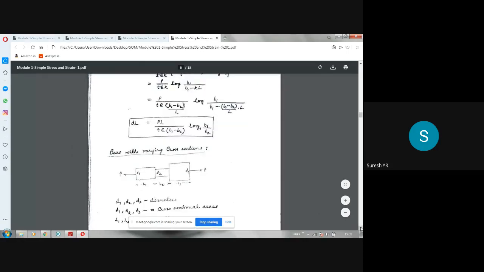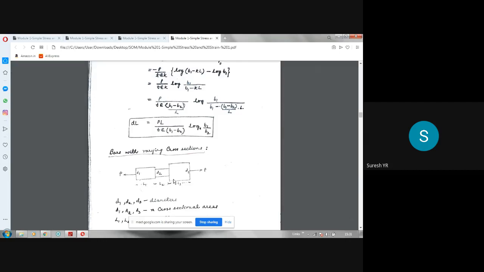Then we discussed bars with varying cross sections. This is a single entity, but it has three portions. First portion length is L1, second one L2, third one is L3. They may be made of the same material or different material. P is the force acting throughout.